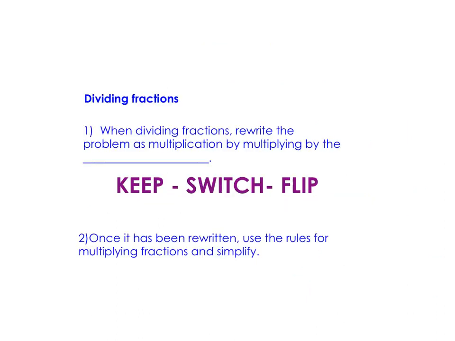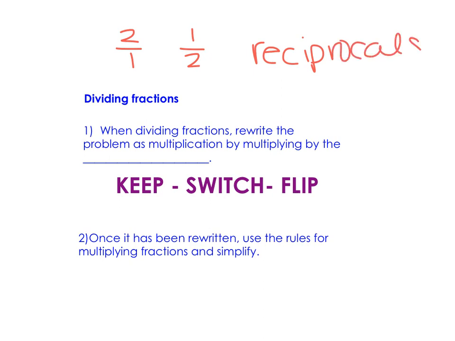So I want to take some time here to compare 2 over 1 to 1 over 2, because hopefully what you're seeing is that this is just a flipped fraction version of itself. If I just flip 2 over 1 over, I get 1/2. And these two numbers are what are called reciprocals of each other.